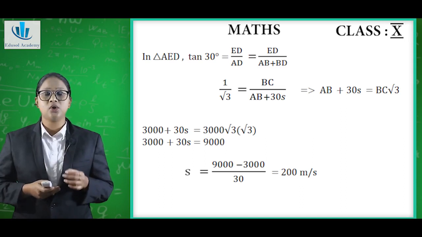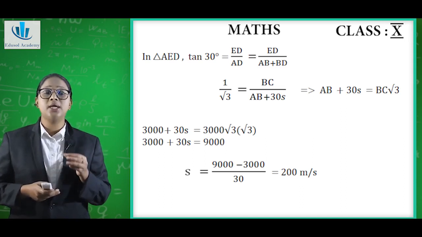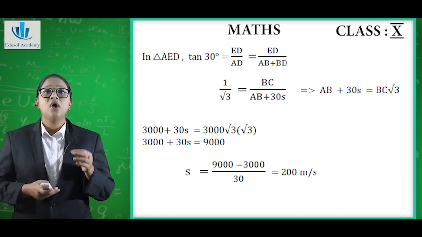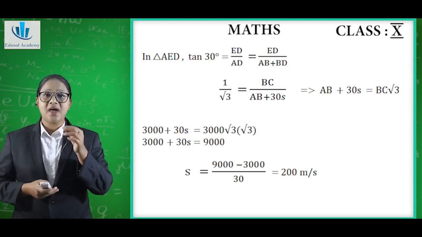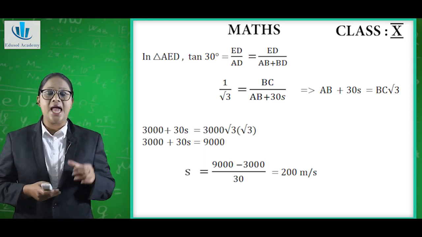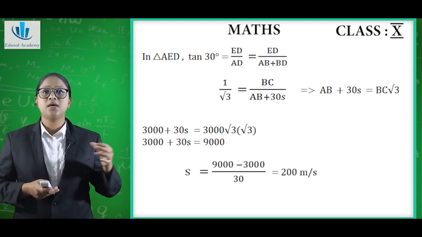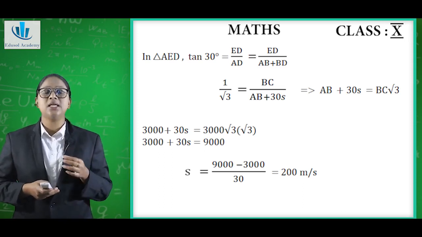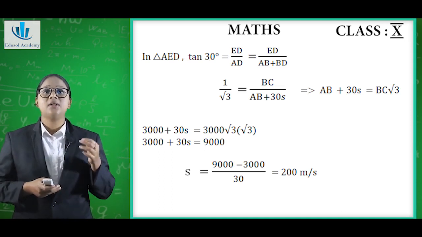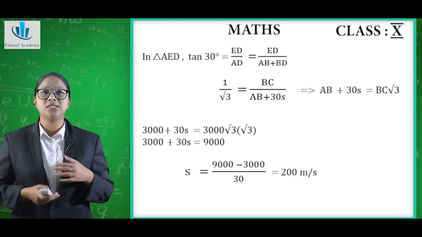Now from the basic equation of physics regarding distance, speed and time, we know that distance is equal to speed into time. So we have assumed the distance BD, the time taken to travel from B to D is 30 seconds, and we have taken the speed as S, so 30S.